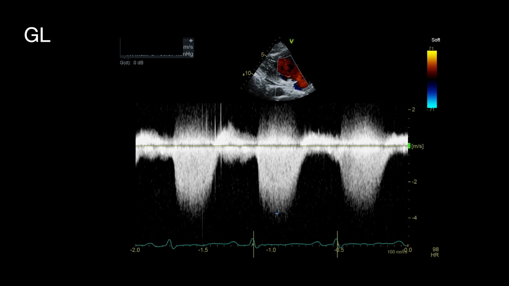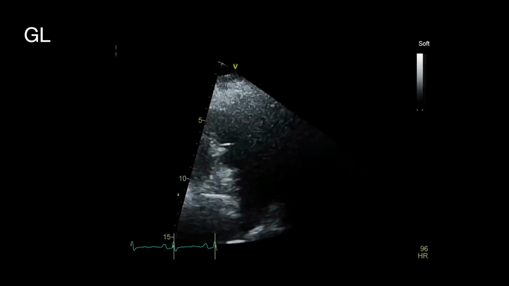And then continuous wave Doppler through that TR jet, and unfortunately we've blacked out the views because of anonymity, but that's giving a peak velocity of 4, which is a little bit high.